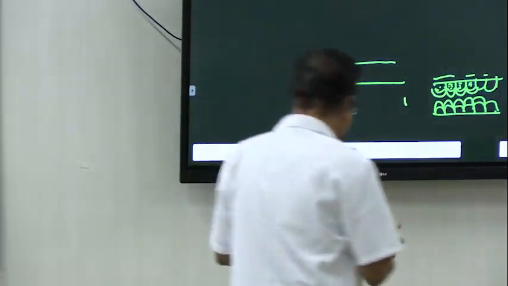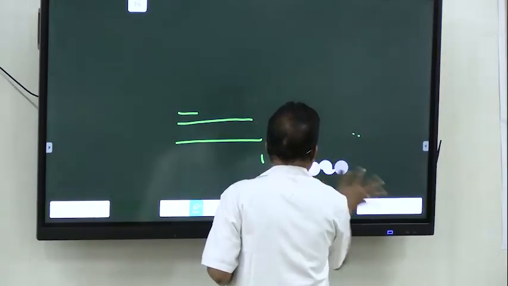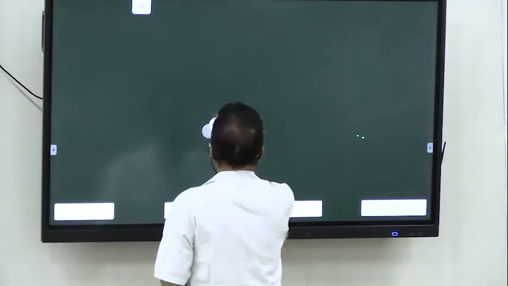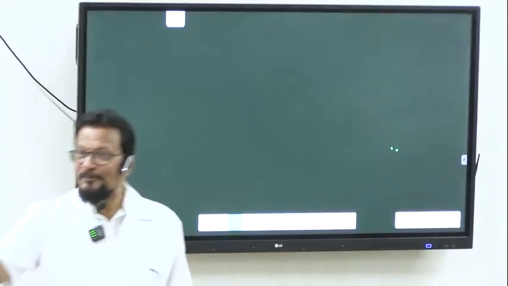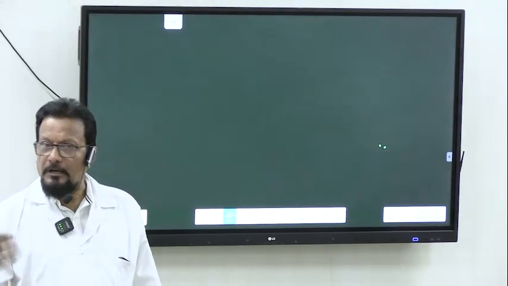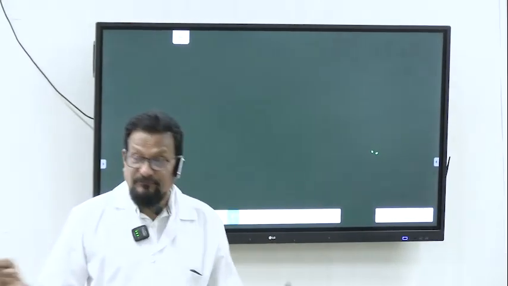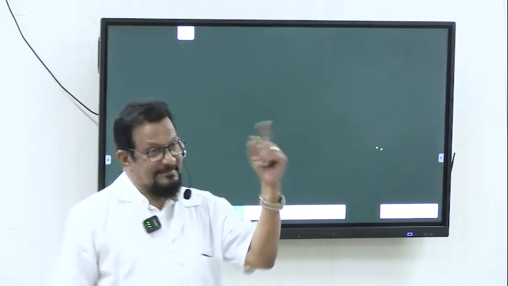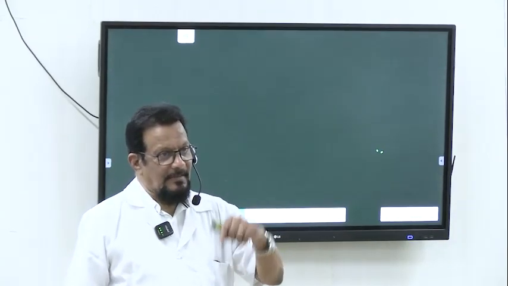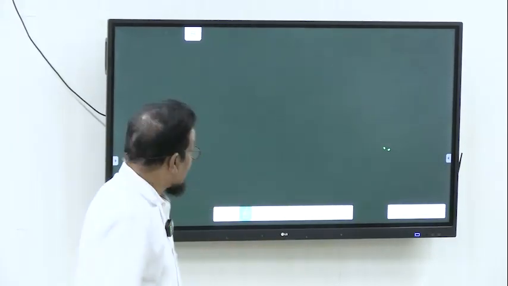Plasma proteins act as buffer. Plasma proteins, albumin, globulin, every constituent of plasma protein, will participate in buffering the excess hydrogen ion or alkali. What happens?